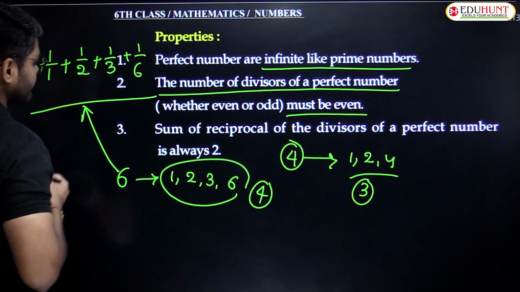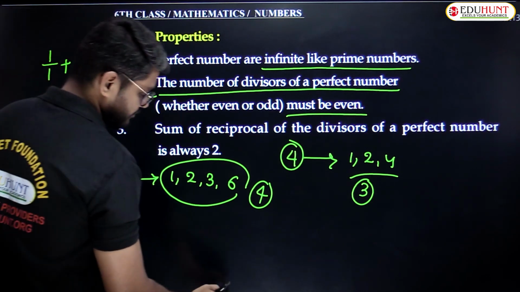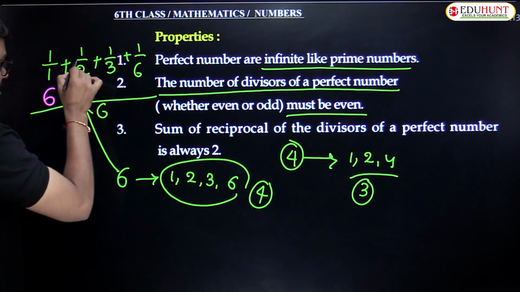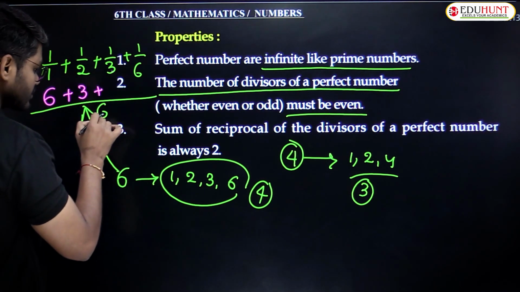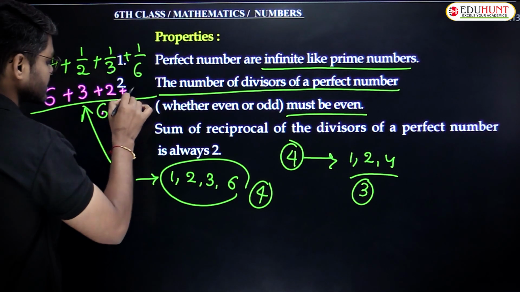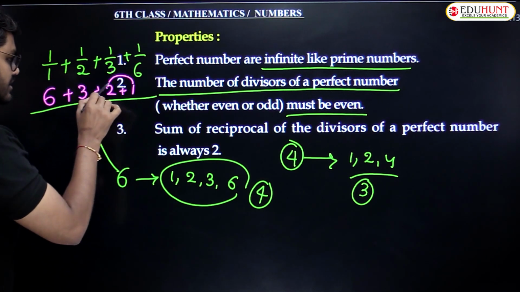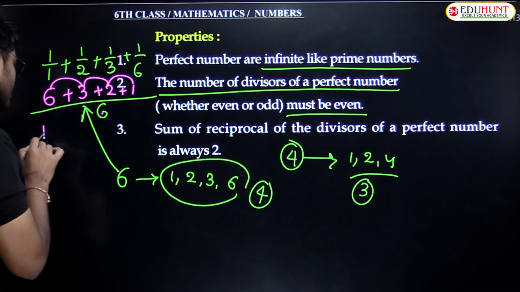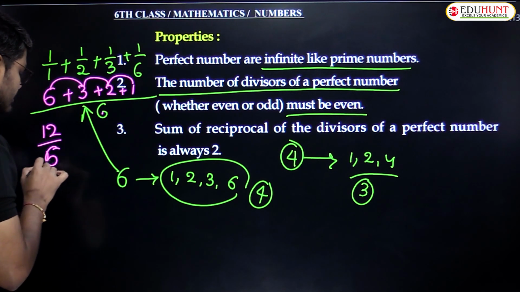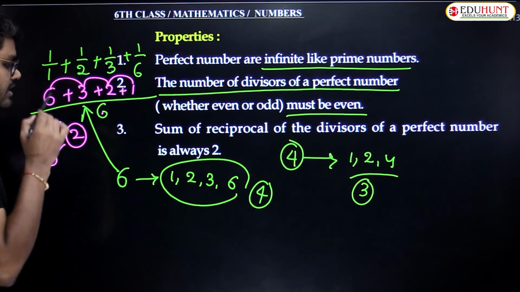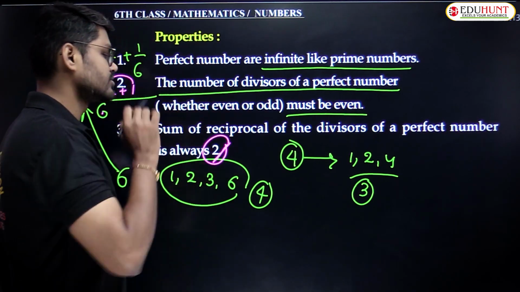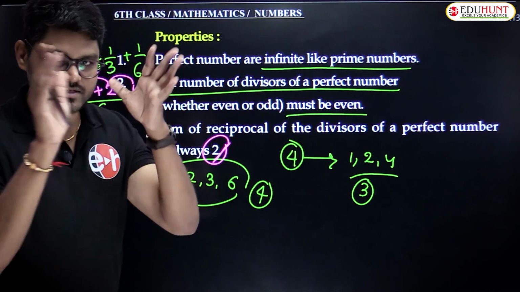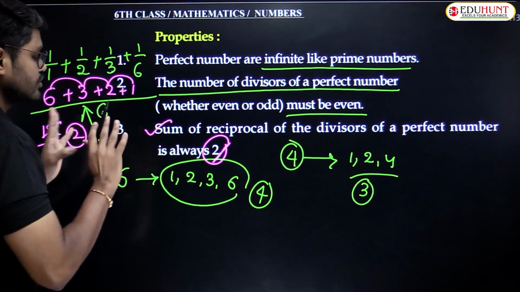Take the LCM, which is 6. Then 6 by 1 is 6, 3 plus 2 plus 1, gives 6 plus 3 plus 2 plus 1, which is 12. This is 12 by 6, which gives 2. Always 2. The sum of reciprocals of the divisors of a perfect number is always 2.